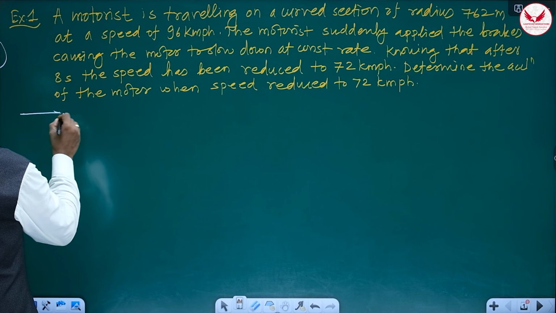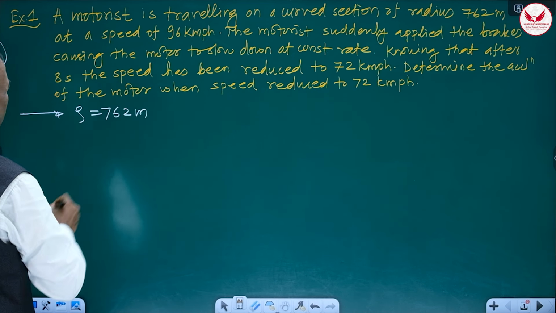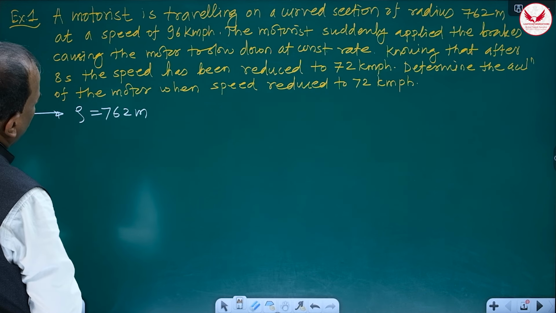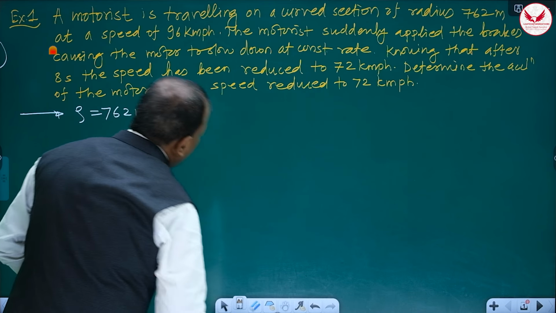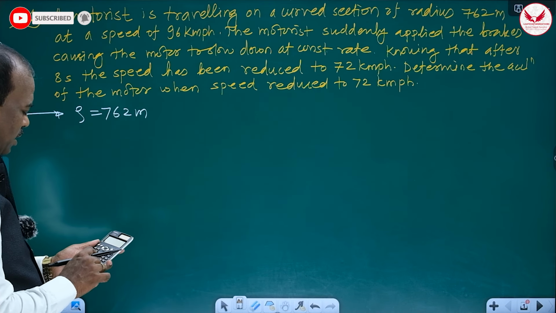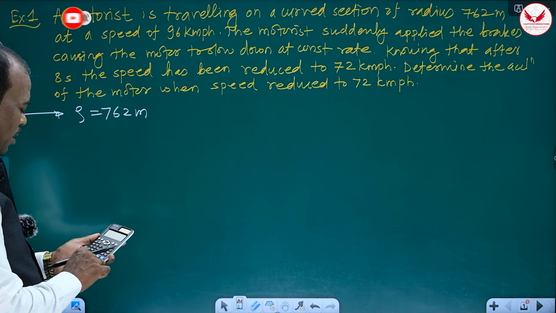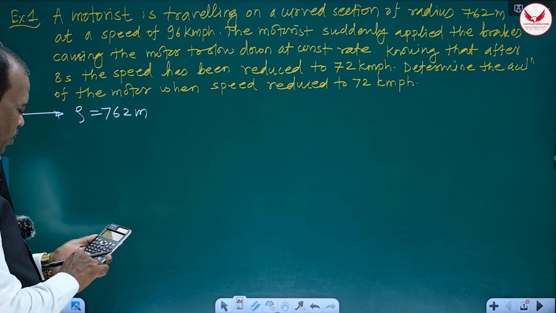Means in this example, the radius of curvature is 762 meters at a speed of 96 kilometers per hour. So what I'll suggest, always divide kilometer per hour by 3.6. You will get meters per second. For example, it is 96 divided by 3.6.